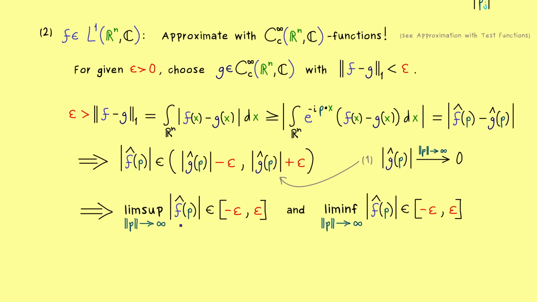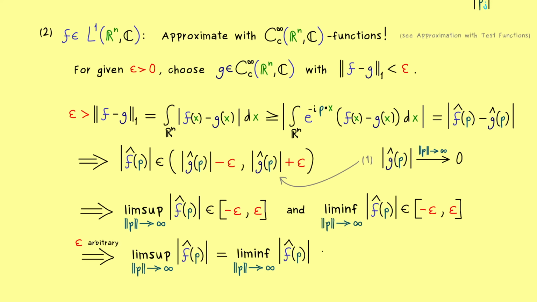Hence we can make the limit superior and the limit inferior as small as we want. Therefore the only possibility is that they are both equal to 0. And this immediately implies that the whole limit exists and is also equal to 0. And that's already it. This shows the whole Riemann-Lebesgue Lemma.